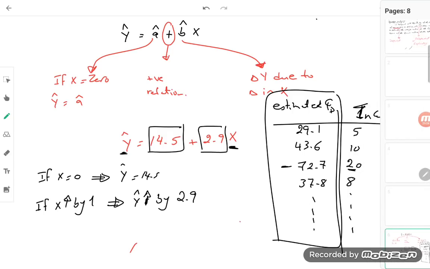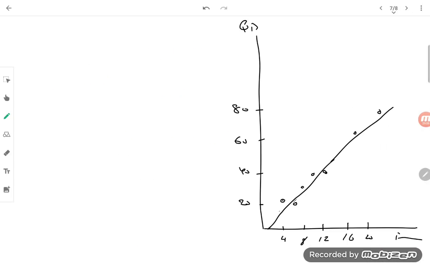Okay, it is the best fitted line. So this is known as the best fitted line.